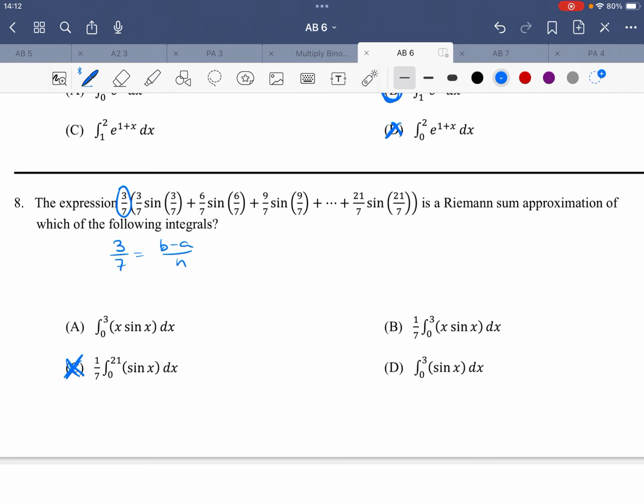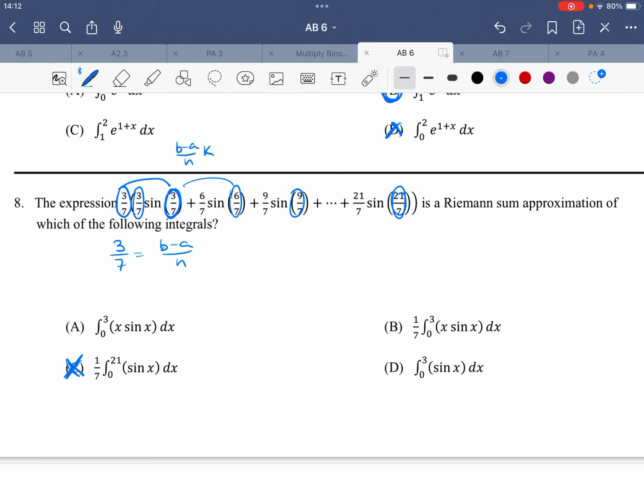Okay, next, well, the function is going to look like, okay, then when I multiply, so this thing here is going to be b minus a over n times k. So what I already had here times k, but so I can see that this is times 1, times 2, times 3, so this works. So that's going to be my x.